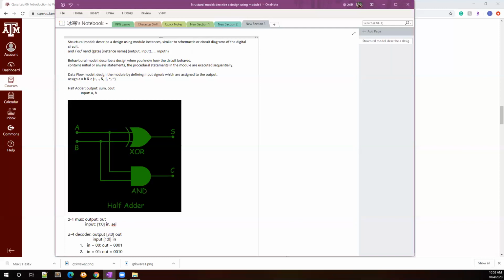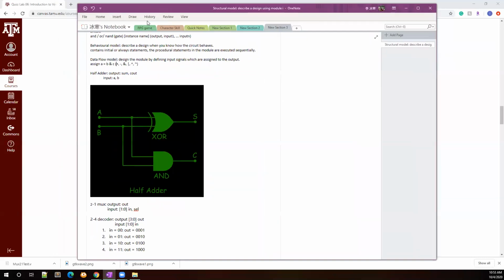Combinational circuits use continuous assignments, and we can just assign the output equal to the input and the logic. Normally we can use add, subtract, and, or, XOR in the logic expression.